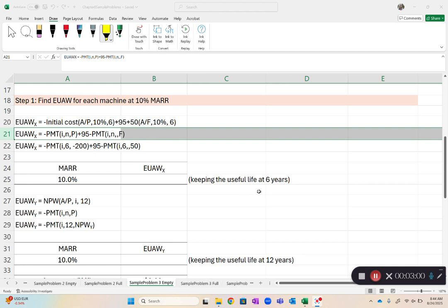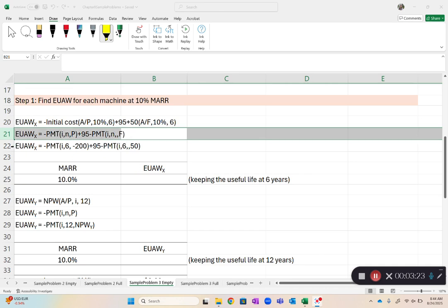So it would look like this. My payment formula, which is by default negative, so negative PMT times I, comma, N, comma, P, plus 95, because that's an input, an income, minus PMT, and this time I have an I, an N, and then I have that empty field where the present worth would go, and then I have a future value.